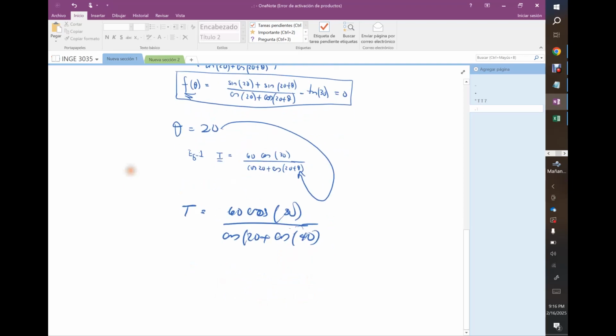So t equals, now let's get my calculator, I can do that also in Excel, but let's use the old style using my TI.